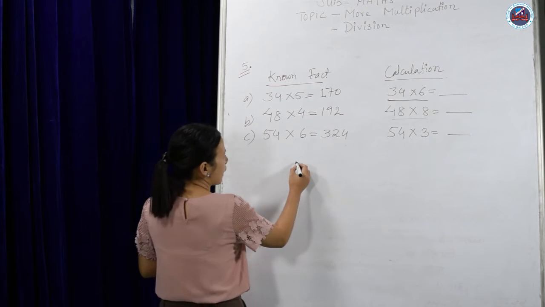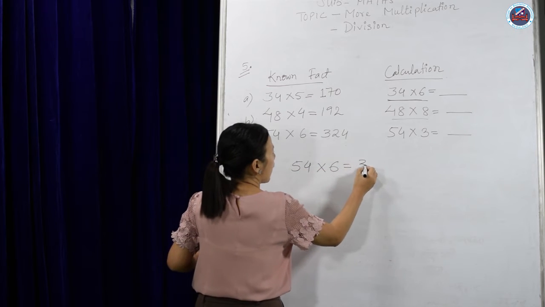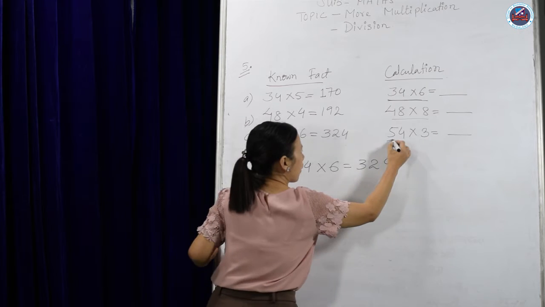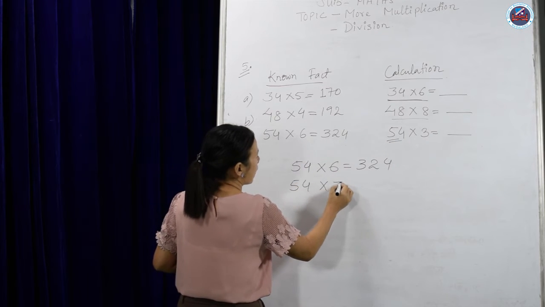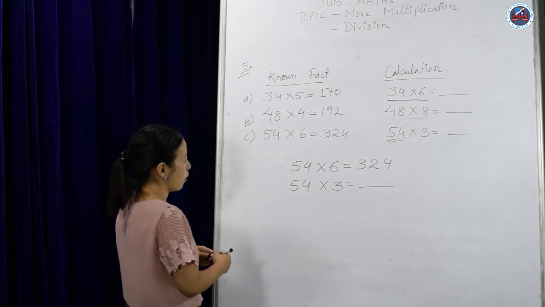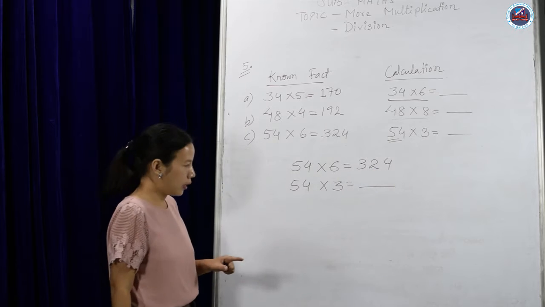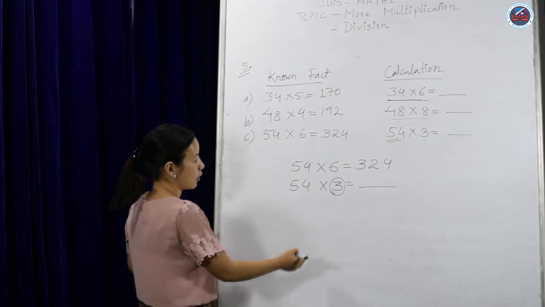So we know that 54 times 6 is 324, and then it says to find the answer for 54 times 3. How much, right? Now, since I know that 54 times 6 is 324, and here they have given a number that is 3. Now this number is small.